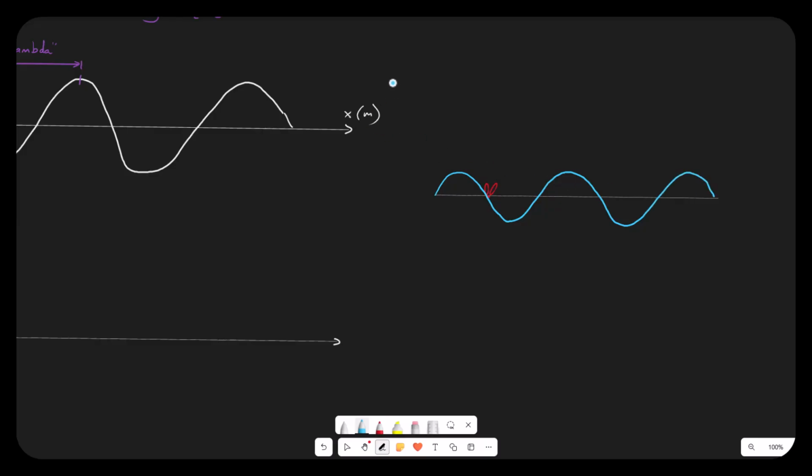This top graph is frozen in time. This bottom graph, what I'm going to do is now I'm going to look at just the position of that ribbon. So this bottom graph, I'm looking at a frozen location in x anyway. I'm looking at a frozen location and seeing what's happening at that location. Which means now I want to plot this thing not against position, but against time.